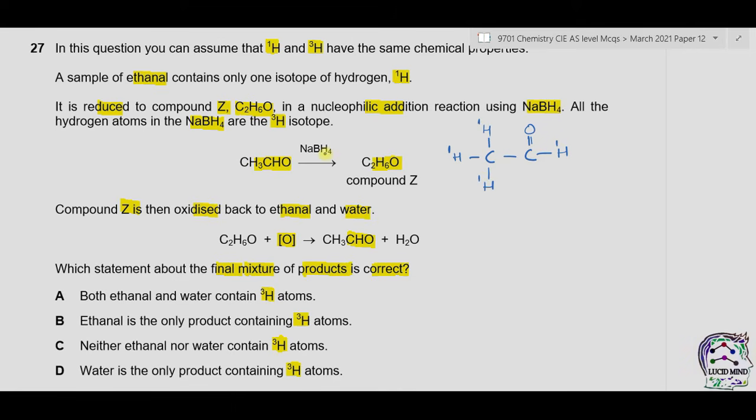Now it is reduced in the presence of NaBH4 to compound Z, which is an alcohol, and NaBH4 consists of the tritium isotope. So we have reduction. After reduction, the product will be like this. We have a primary alcohol that is formed.